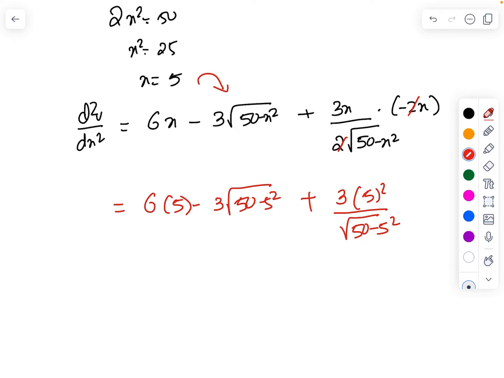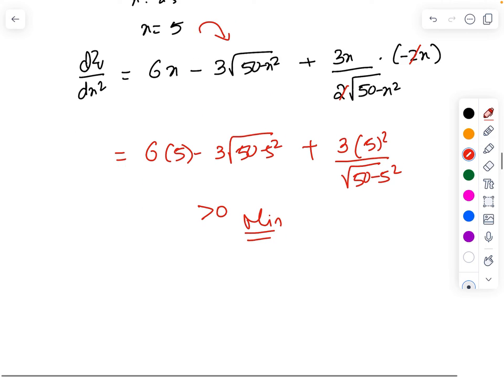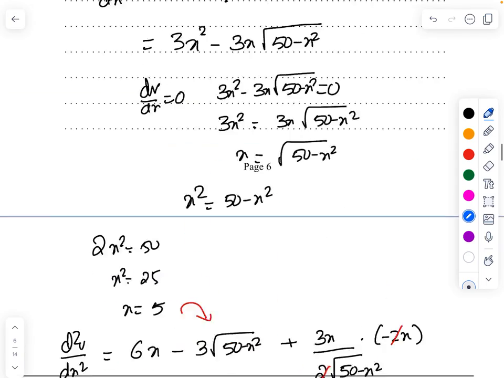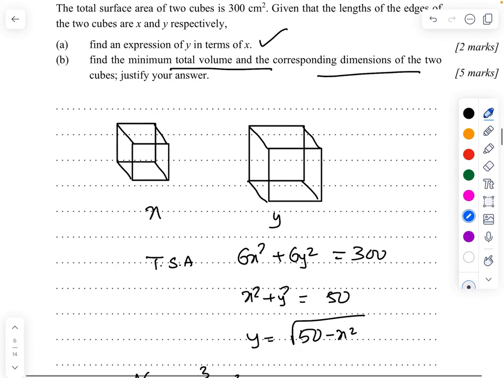We can see that this value is going to be a positive value, so therefore the volume is going to be minimum. Therefore we get x equals 5. What is he asking? We have justified our answer.